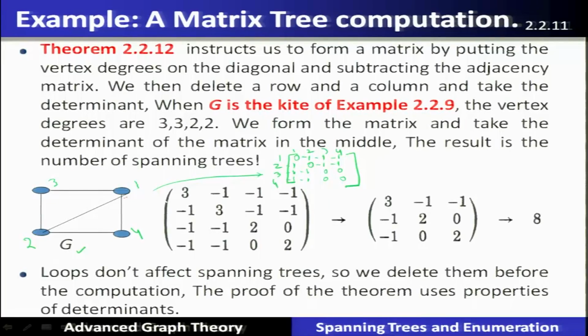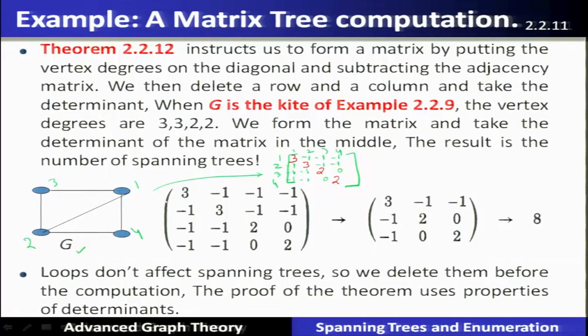For example, the degree of 1 is 3, so on the diagonal, instead of 0, we will write 3. Similarly, the degree of node 2 is 3, so instead of 0 we put 3. The degree of 3 is 2, so instead of 0 we put 2, and similarly the degree of 4 is 2, so instead of 0 we place 2.